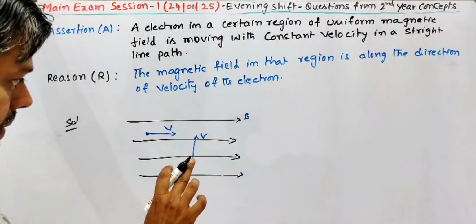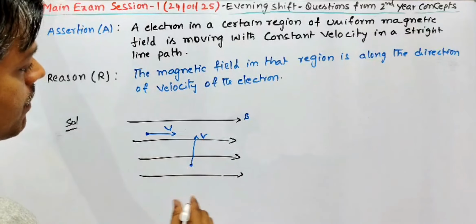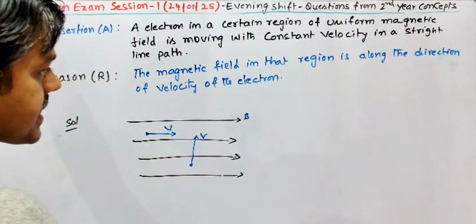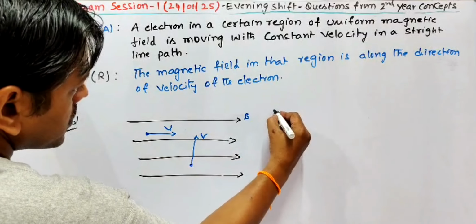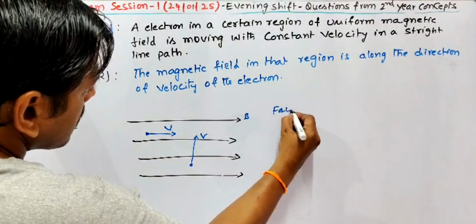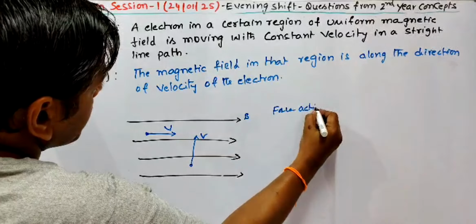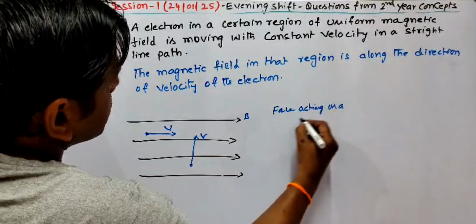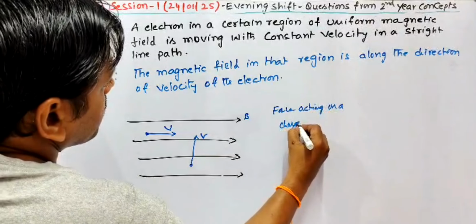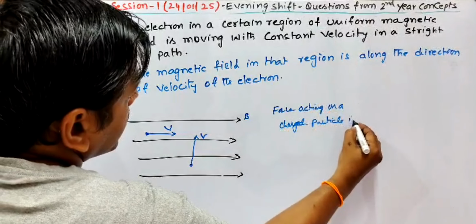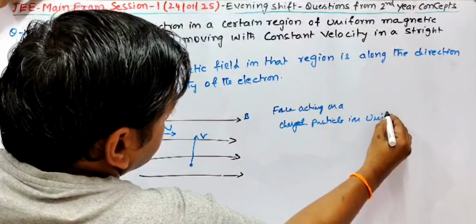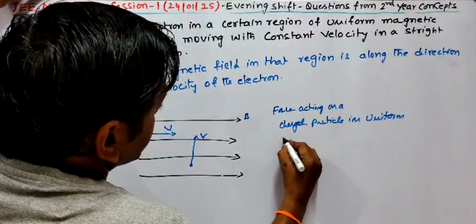So any charged particle moving in a uniform magnetic field experiences a force. That force is called Lorentz force. So the force acting on a charged particle in a uniform magnetic field.